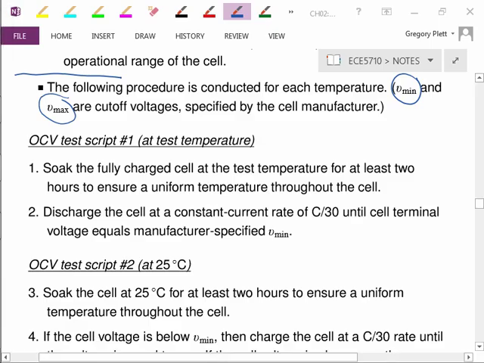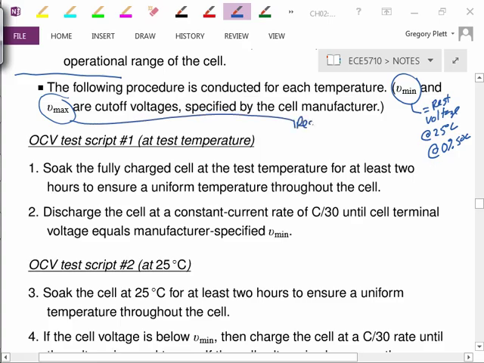The definition of these voltages is that Vmin is equal to the rest voltage of the cell at 25 degrees Celsius, which is room temperature, at 0% state of charge. And Vmax is similarly the rest voltage at 25 degrees Celsius at 100% state of charge.